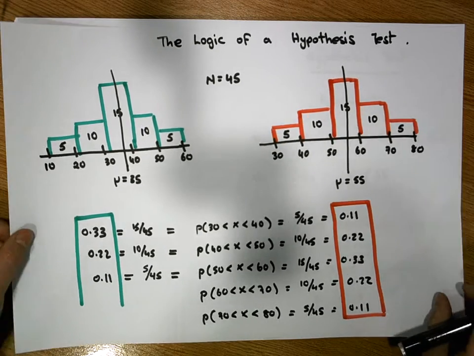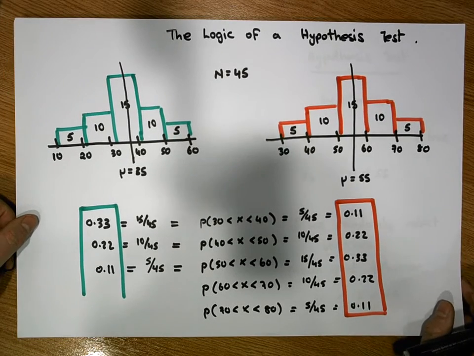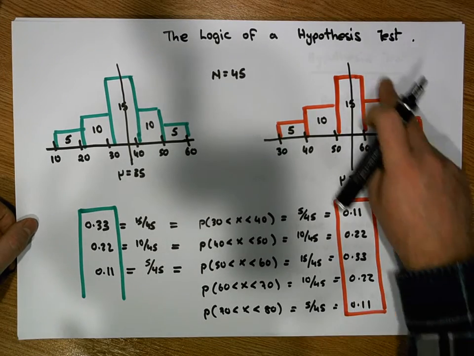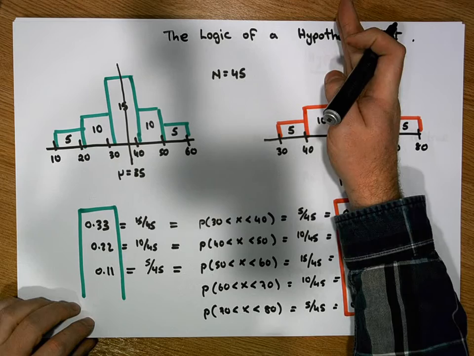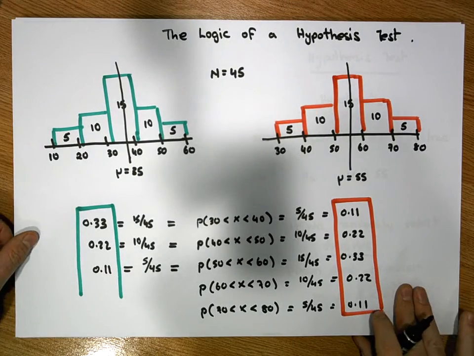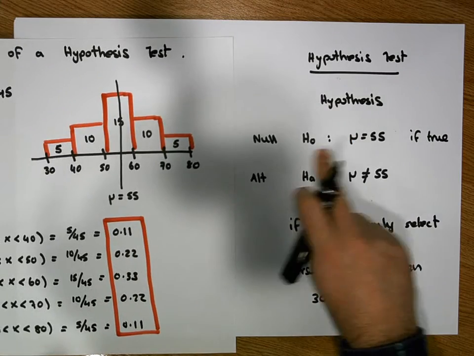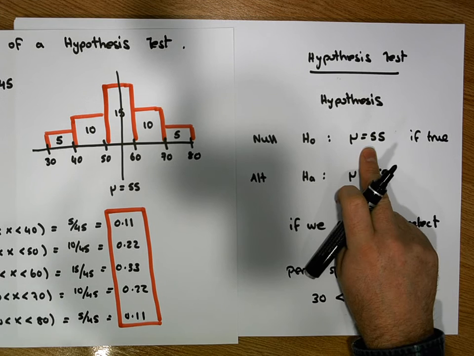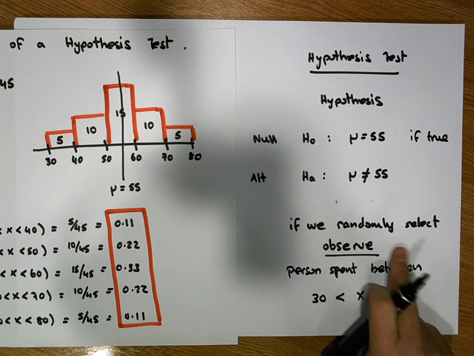What a hypothesis test allows us to do is hypothesize about the position of a particular distribution, its center value. Then we go off and conduct an experiment.